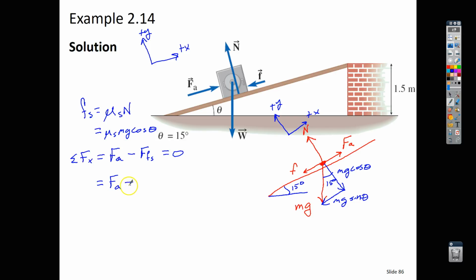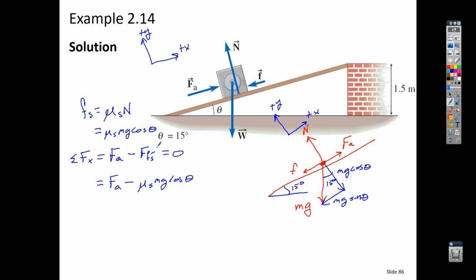So Fa is the force that we're trying to apply. We know that we're going to have to now do minus Fs, which is mu s times mg cosine of the angle. But if you look, there's also a force due to gravity that is trying to pull that safe back down the hill. So we actually forgot a force here.